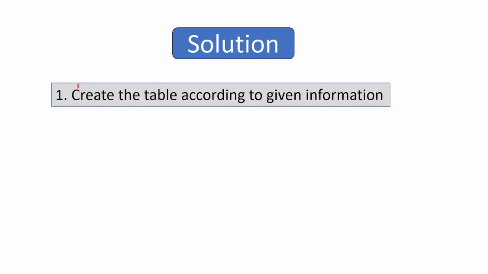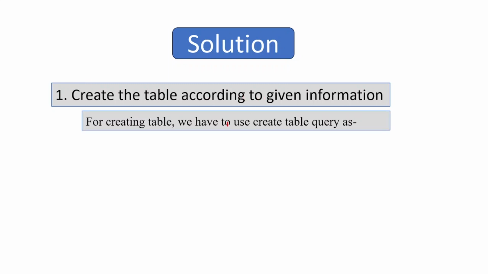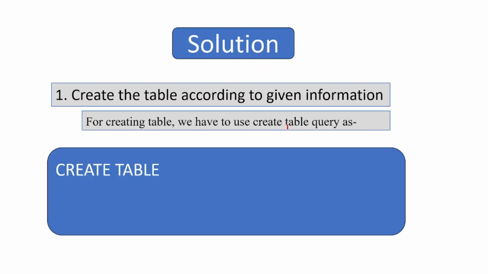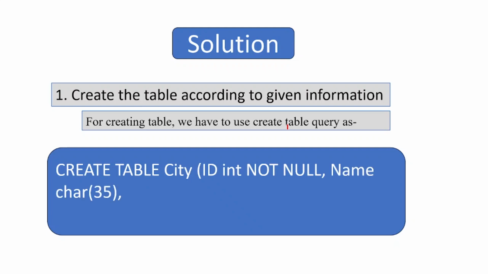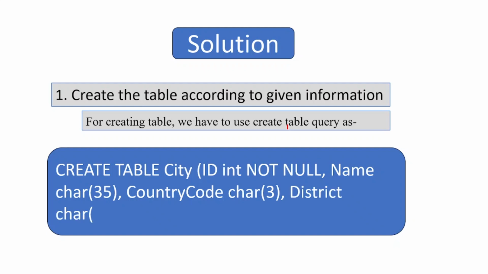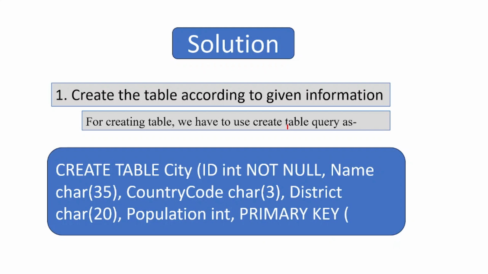Solution 1. Create table according to the given information. For creating a table, we use the create table query as: create table city where ID int not null, name character 35, country code character 3, district character 20, population int, and finally primary key as ID.